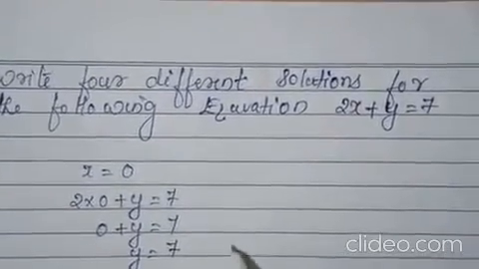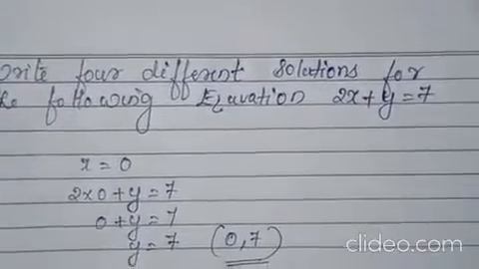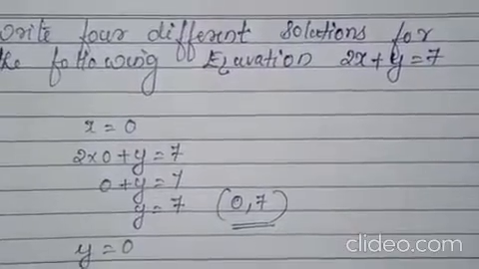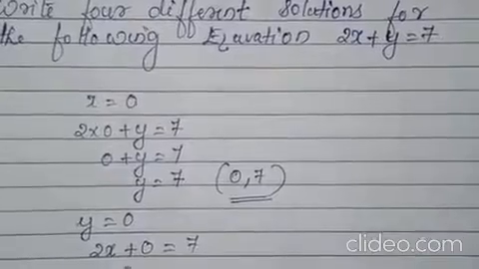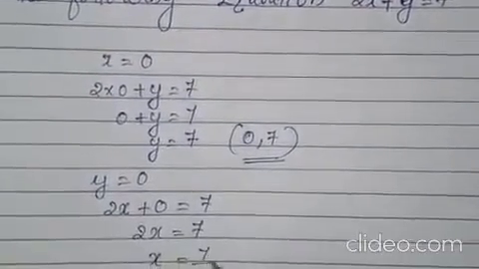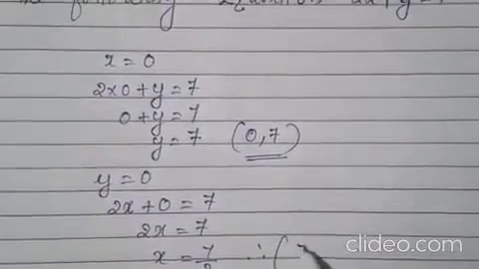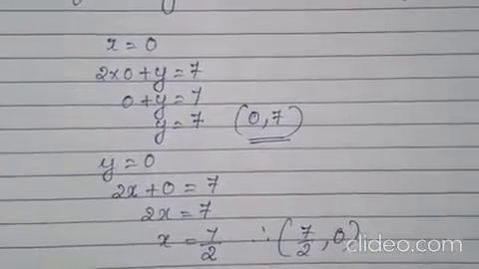So we got one solution, that is (0, 7). Then we substitute y = 0. Then 2x + 0 = 7, so 2x = 7, x = 7/2. Therefore we got (7/2, 0) as a solution of the equation.